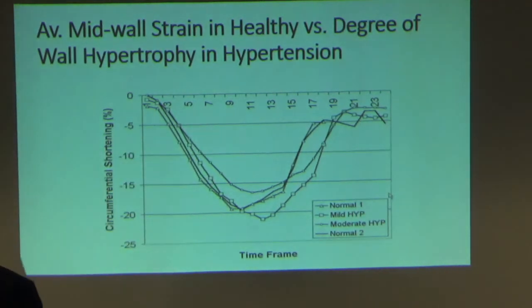And so that's what I was telling you, and that's something that has been known for some time, that techniques are more sensitive for diagnosing disease in the filling phase of the heart than the emptying phase of the heart. And so this is an example where we're showing this quantitatively to separate out people with hypertension and disease in the walls versus people who are healthy.